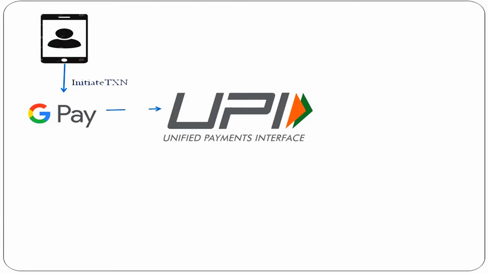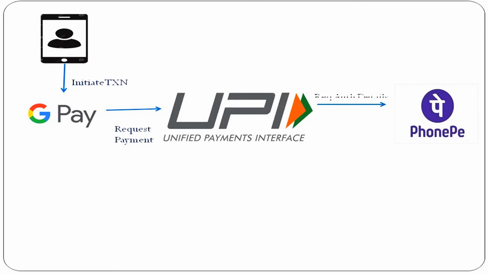There will be a request for payment from your app, let's say the Google Pay app, to the UPI server. Let's say the receiver has the PhonePe app. The UPI server will check if the required details are correct or not, so it authenticates the details. The receiver's PSP, which is PhonePe, will send the response that it is correct.